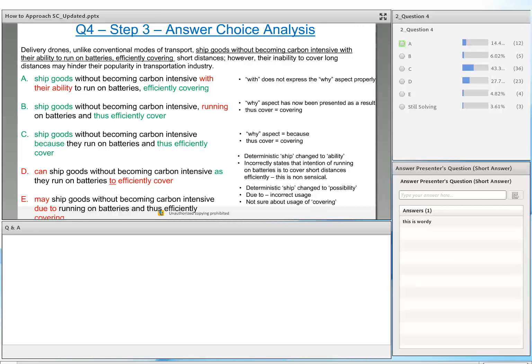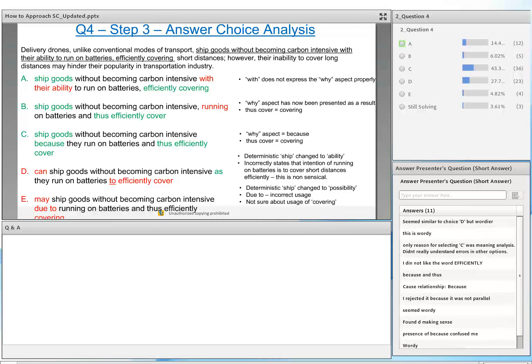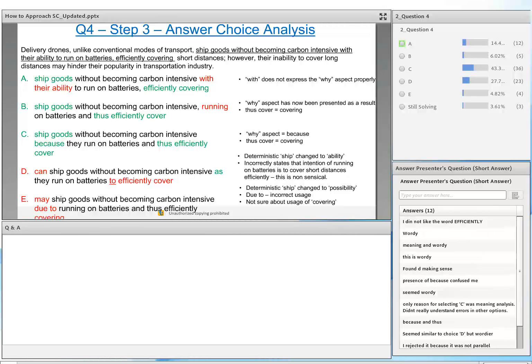Why did you reject choice C? It's wordy, okay? Did not like the word efficiently, okay? Efficiently is there everywhere. That was not the new word in choice C. Did not like the word efficiently. Cause relationship because. Okay, so that's what we wanted, right?